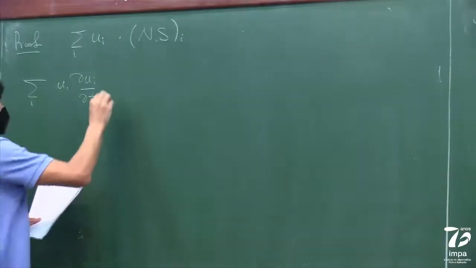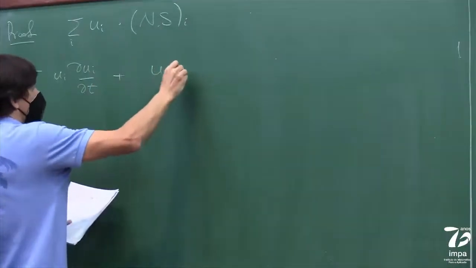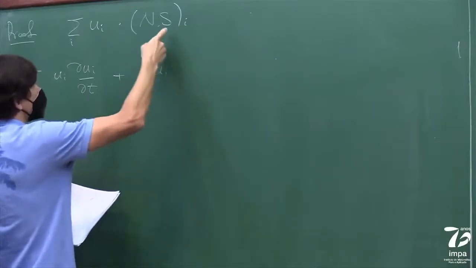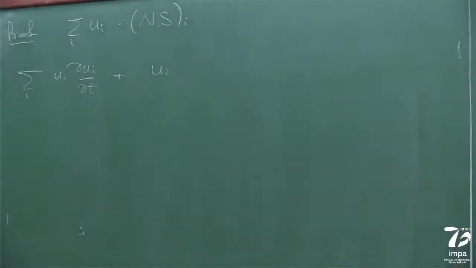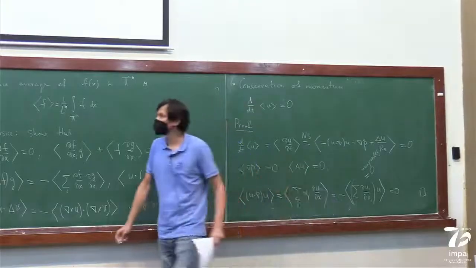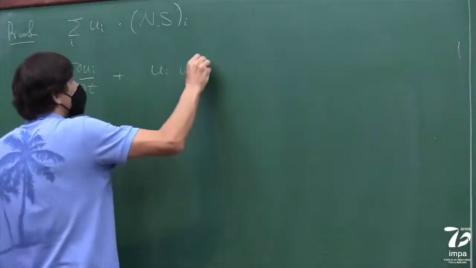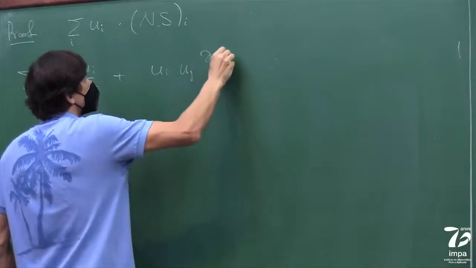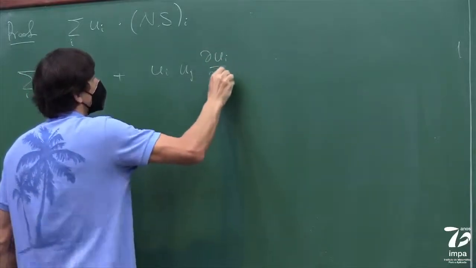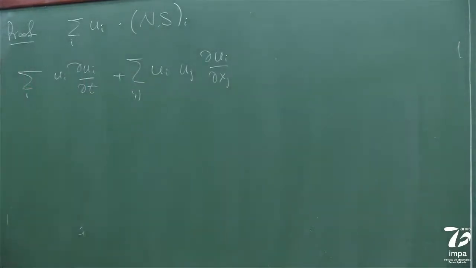Next is ui times the second term of Navier-Stokes, which is u grad u. That is uj d ui/dxj, summed over i and j. So this will be the second term. Just check it is like this.